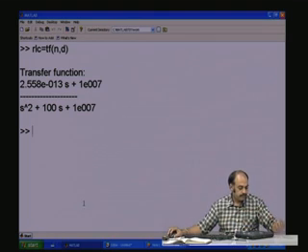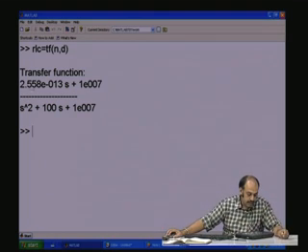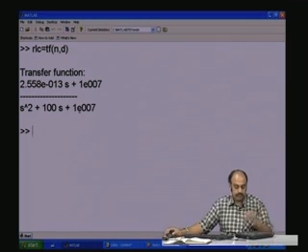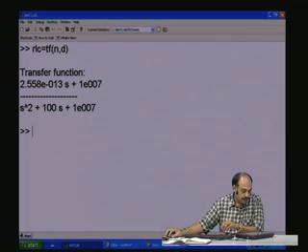Now, you see here, interesting, there is a numerator polynomial with an S of order 1, which means 1 0. There is a denominator polynomial S of order 2, which means there need to be 2 poles.